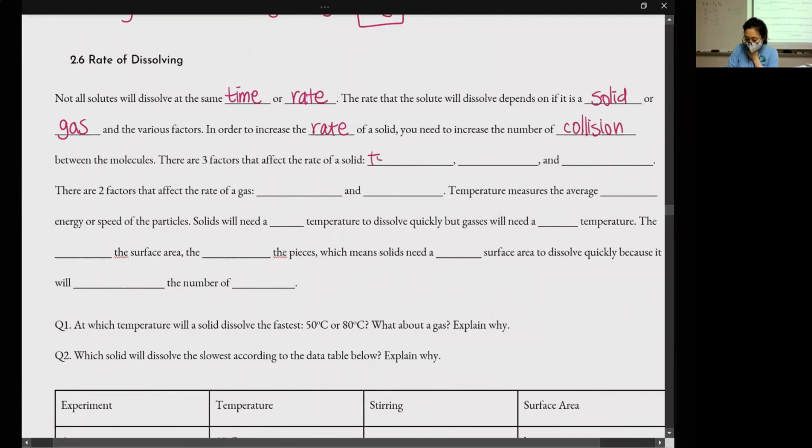These are 3 factors that affect the rate for a solid: temperature, stirring, and surface area. There are two factors that affect the rate for a gas, which are pressure and temperature.